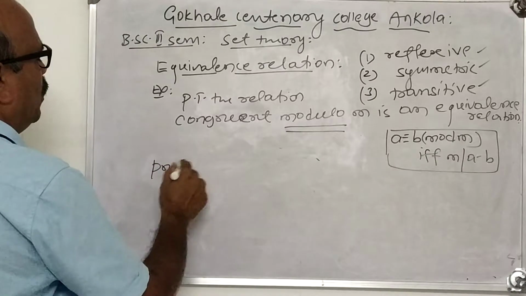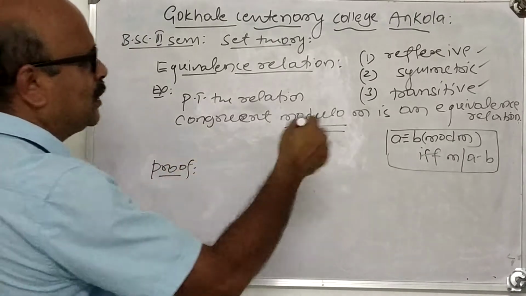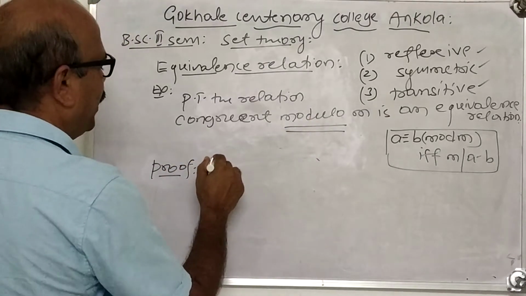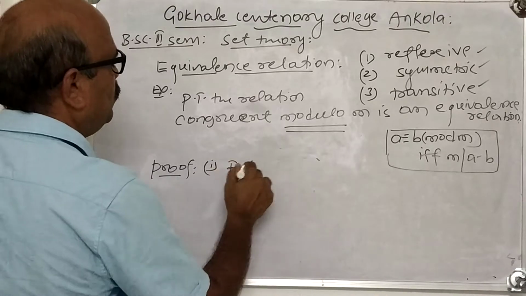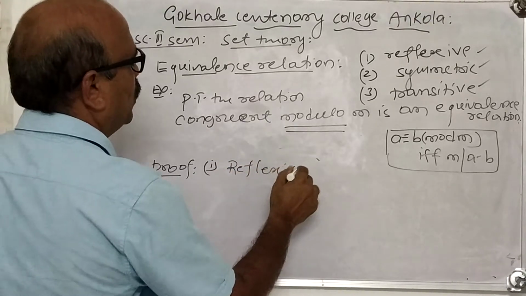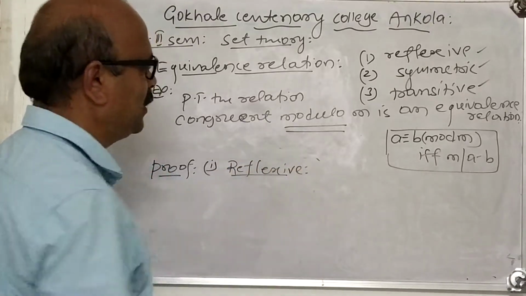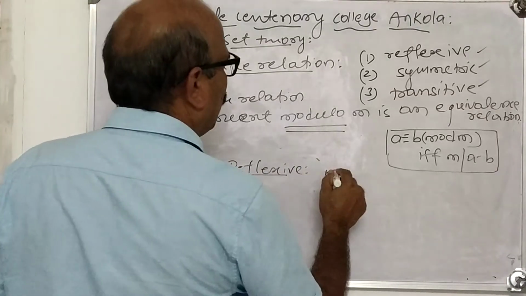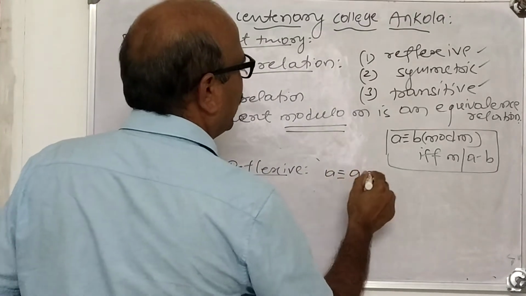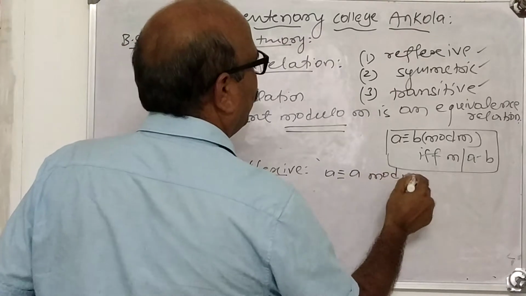Now, first of all, this relation is reflexive. I give the reason why it is reflexive. We have a is congruent to a mod m. Why?